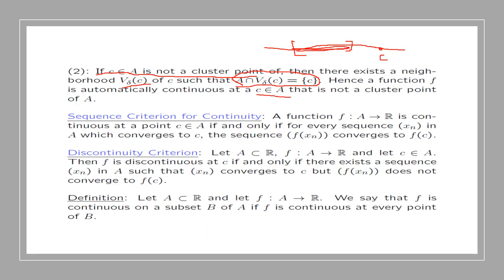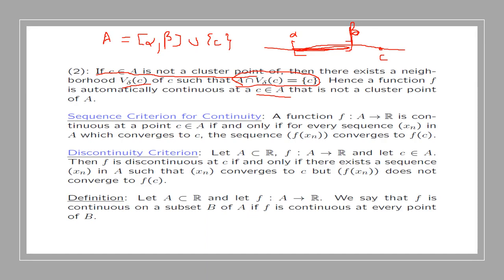Supposing your set A contains this interval from alpha to beta, union this point C. So your set A is going to be the interval from alpha up to beta, union the point C. So this is beta.